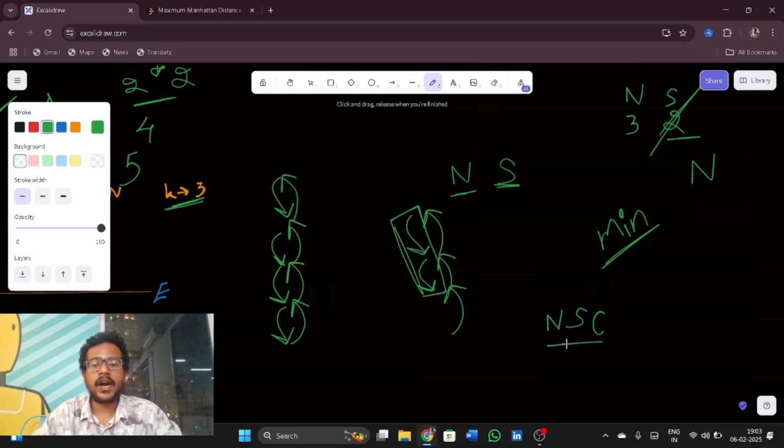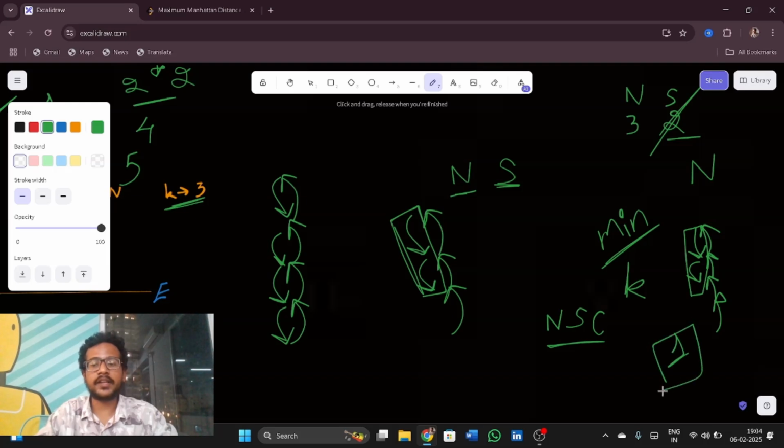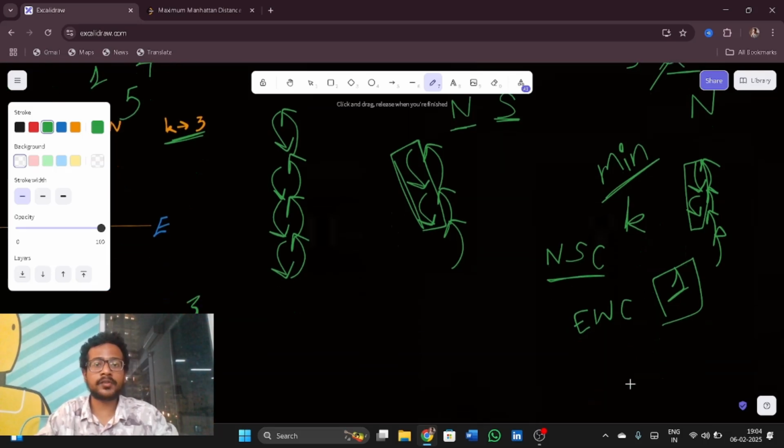But why do I need to take only the minimum even if I can take k values? Because if I have north for 4 times, listen carefully, if I have north for 4 times at this level, this one is remained for east west changes. So at this point, I also need to consider east west changes.